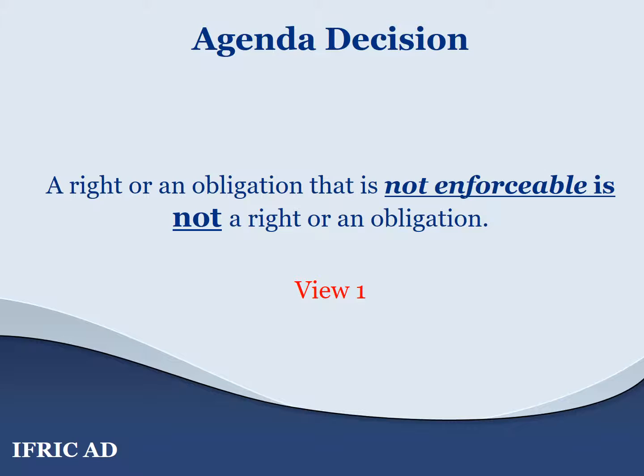To the extent that these are not enforceable, these would not be considered an appropriate fact or circumstance in the determination of the classification of a joint arrangement. So this would be more consistent with view 1 as expressed on the previous slide.